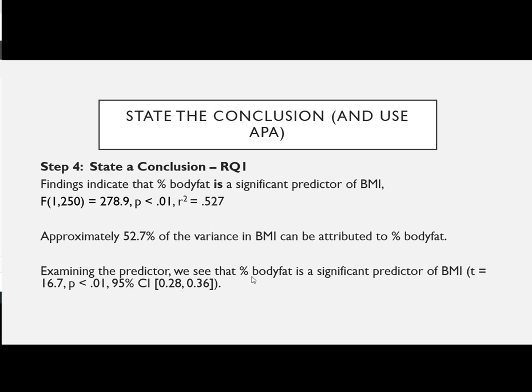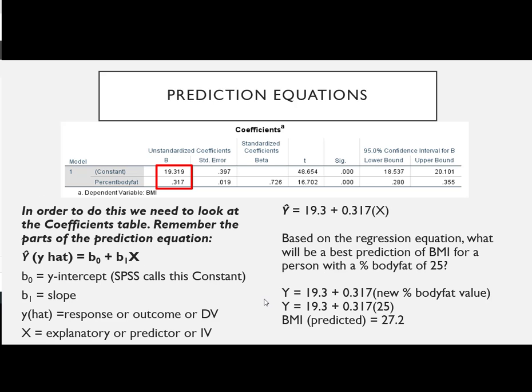Examining the predictor, we see that percent body fat is a significant predictor of BMI, t = 16.7, p < 0.01, and then you can give the confidence intervals, or you don't have to. It doesn't really make sense to do it for simple linear regression because you only have one predictor, but when you have multiple regression, you do it for each of your predictors.